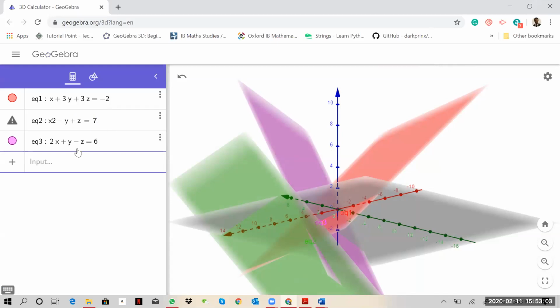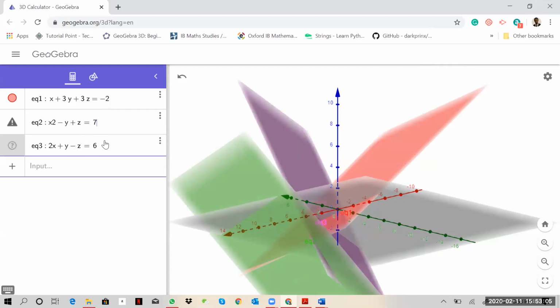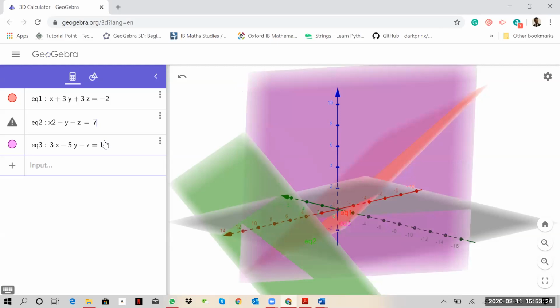Uh-oh. Let's see what the graph looks like with this so-called infinitely many. Okay. 3x minus 5y, then plus z equals 16. Confirm if I'm right. Confirm quickly.